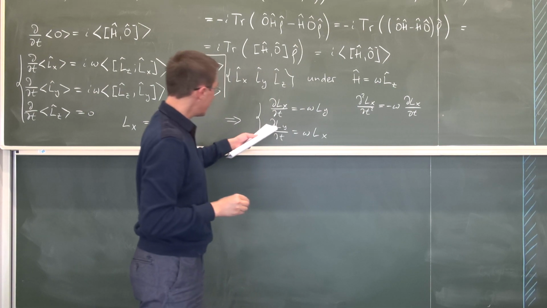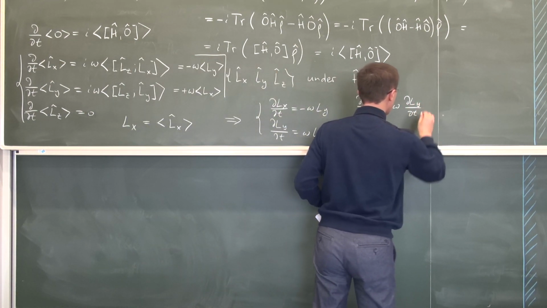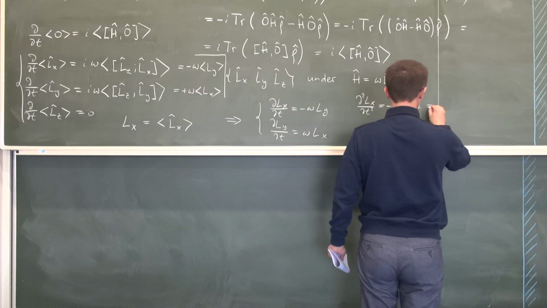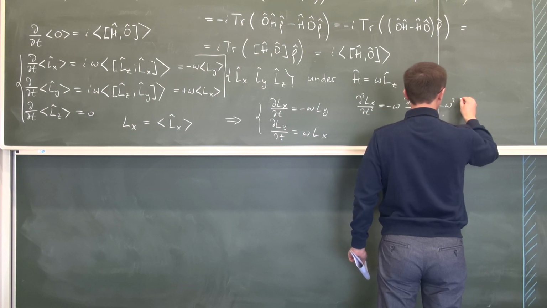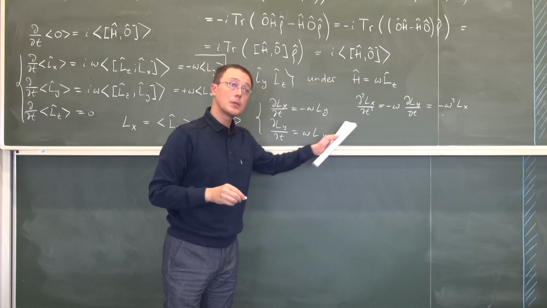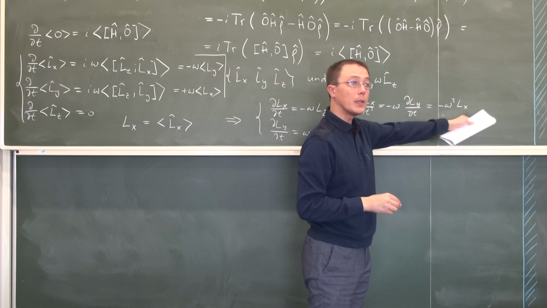And what dLy by dt is, we know from the second equation. It's omega Lx. So that is therefore minus omega squared Lx. And that is the second order ordinary differential equation.